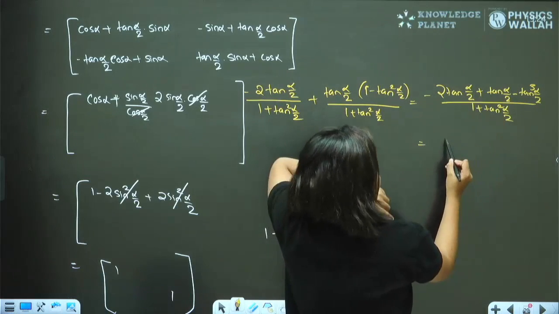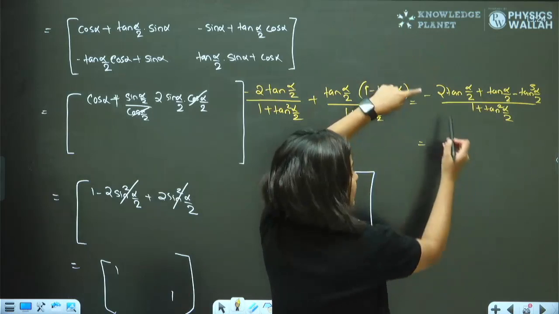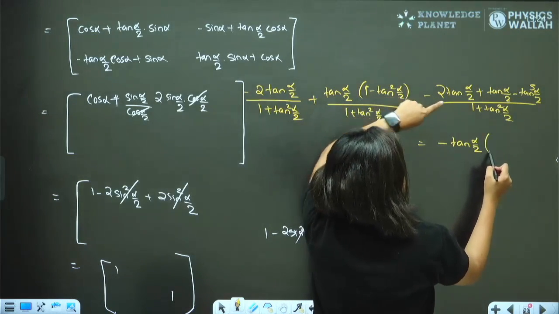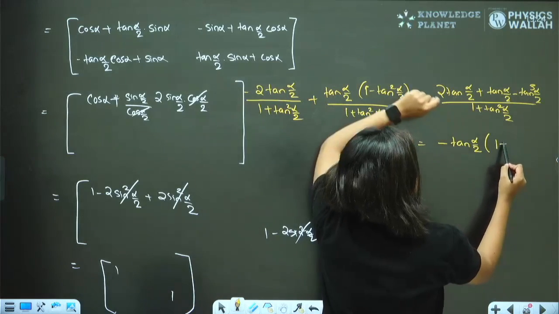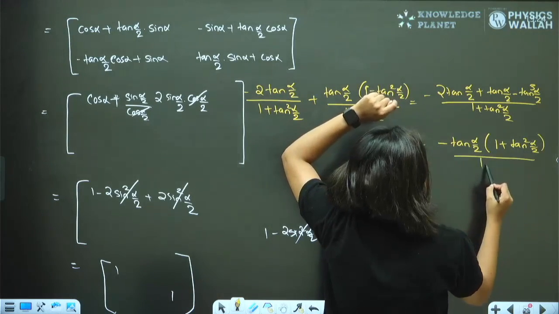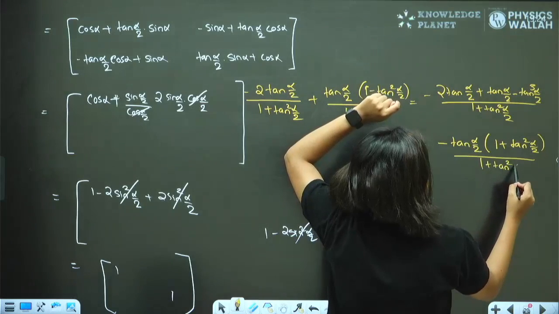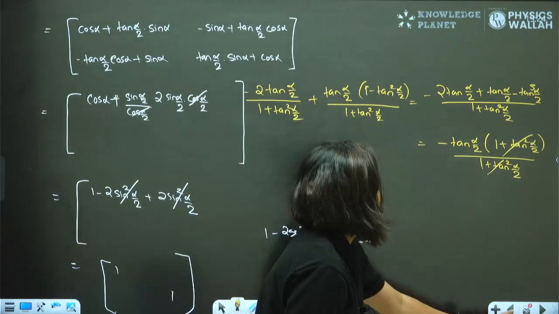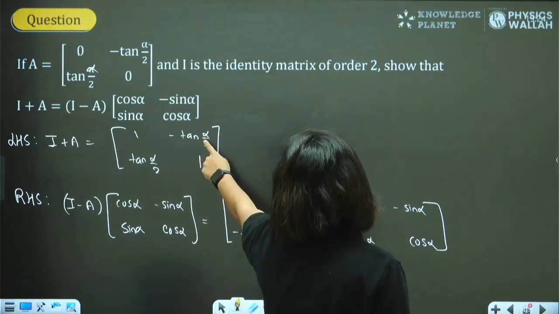Minus 2 plus 1 is minus tan alpha by 2. If I take minus tan alpha by 2 common, in the bracket I will be left with 1 plus tan square alpha by 2. Denominator is also 1 plus tan square alpha by 2. This gets cancelled and I will be left with minus tan of alpha by 2.